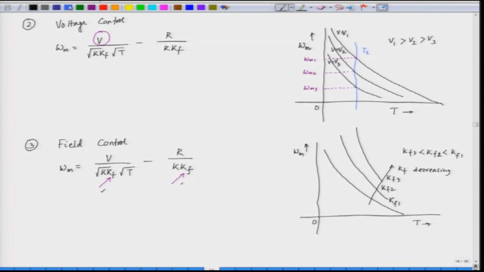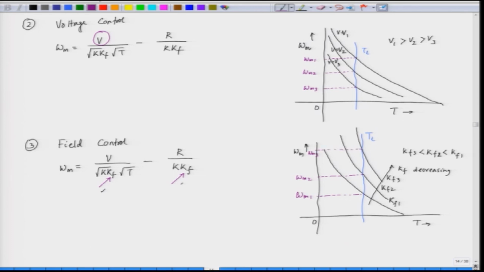Now, if we have a constant load torque, the intersection of the load torque profile with the motor torque speed characteristic decides the operating point. For the first characteristic the speed is omega m 1. For the second characteristic of the motor, the speed is omega m 2, and for the third one the speed is omega m 3.